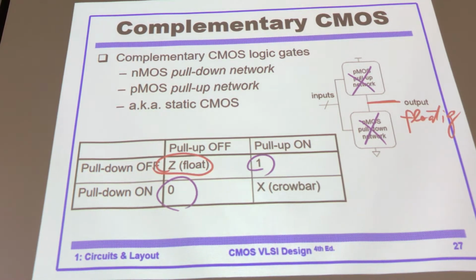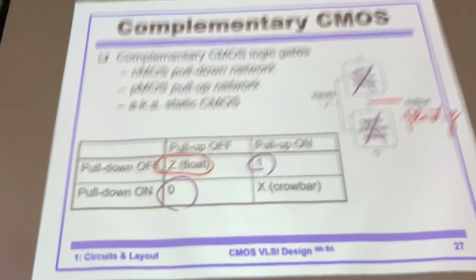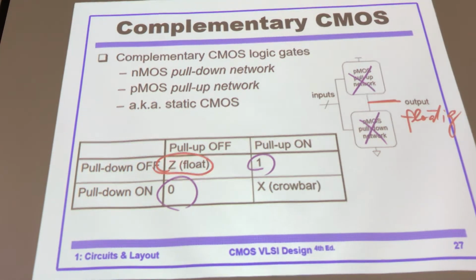It's not 0. Disconnected or floating doesn't mean 0 volt. It's just like a wire not connecting anything. There's no voltage. Only when you connect it to ground is it 0 volt. Connect it to the power supply and you immediately get high voltage. But when both networks are cut off, there's no voltage at all. We call that Z. Z is floating, or high impedance.